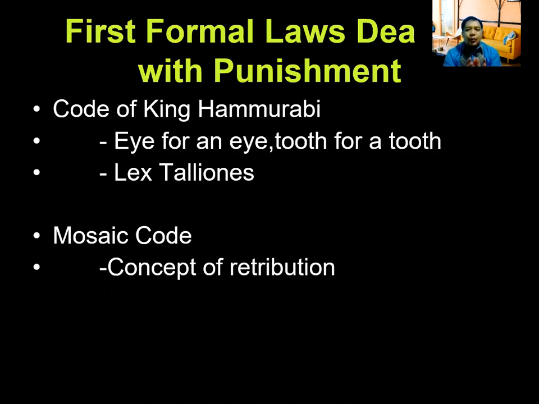However, the problem with the so-called lex talionis is that the amount of punishment, or the act of retaliation, sometimes does not correspond to the original crime that was committed. So when a person committed an act that resulted in the loss of one of the eyes of the victim, in the act of retaliation it could even lead to the death of a particular person.